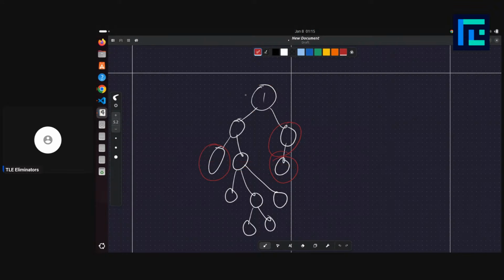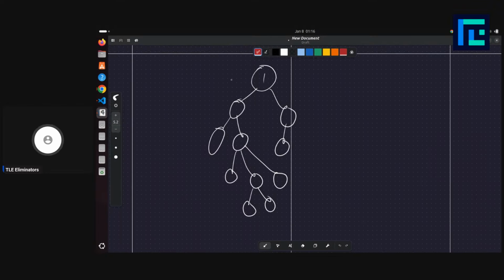If I make the tree rooted at one, these two vertices are at the same depth, right? So I cannot color them in the same operation. In one move, I can select any subset of nodes such that all of them are at different depths, right? So from a single depth, I can only choose a single node and then color it black.